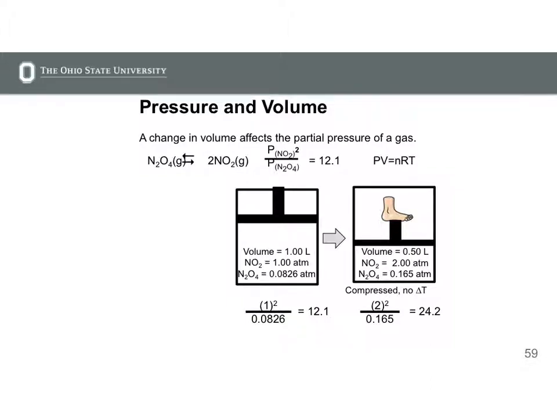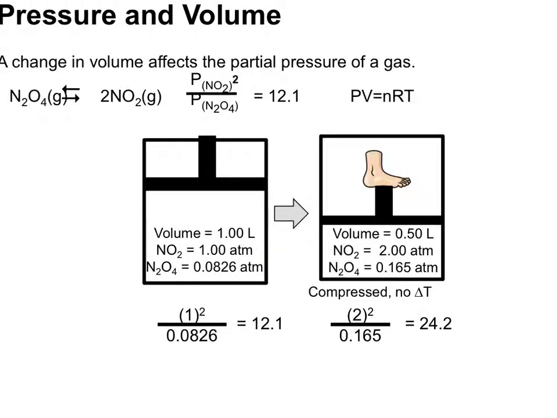So if I skip ahead one more slide, if you half the volume, the NO2 pressure doubles. Same with the N2O4 pressure. Adding an inert gas doesn't affect those pressures, so it doesn't really affect the overall equilibrium.